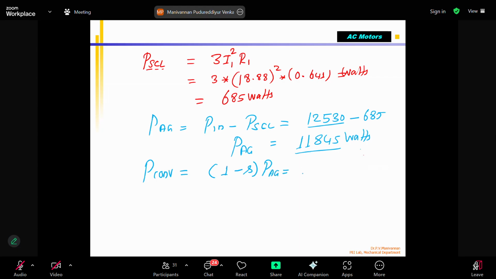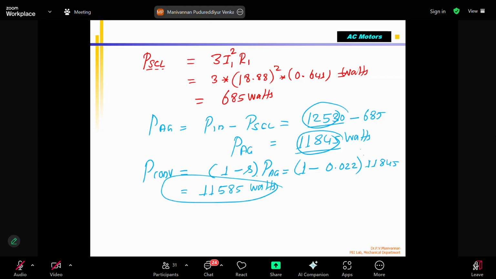So if you substitute, we know the slip equals 0.022, that is 2.2%, multiplied by 11,845. If we compute, this will come out as 11,585 watts. Please note that from the input power, at every stage it is reducing. You can see that some amount of power is getting wasted. So P converted also becomes lesser.